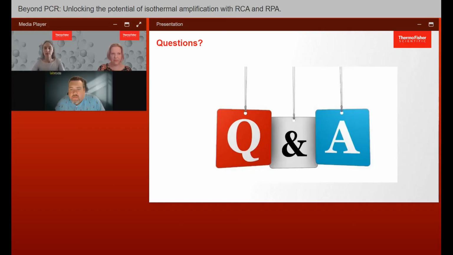So in this case, I would recommend purifying your RCA products using magnetic bead-based separation and purification. But on the other hand, there is a possibility to quantify RCA products directly using the PicoGreen double-strand DNA assay or using a Qubit fluorometer.